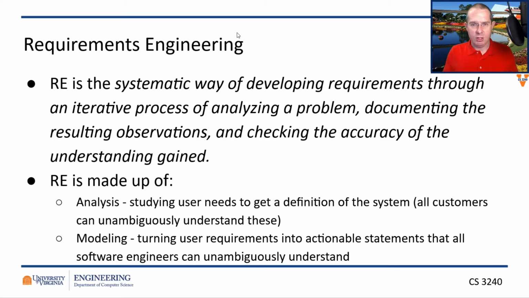So requirements engineering is basically broken into two phases. Great, more phases. Thanks, Sherriff. Yeah, I know. Okay. Requirements analysis, also called requirements elicitation, is the act of studying the needs to get the definition of a system. Part of it is interacting with the customer. Part of it is looking at what is in the market. We're going to talk about that in a second. The second part is requirements modeling or requirements specification.